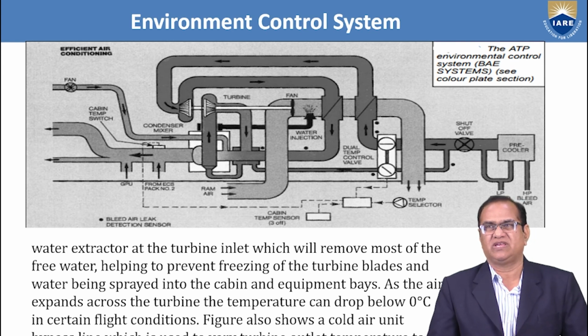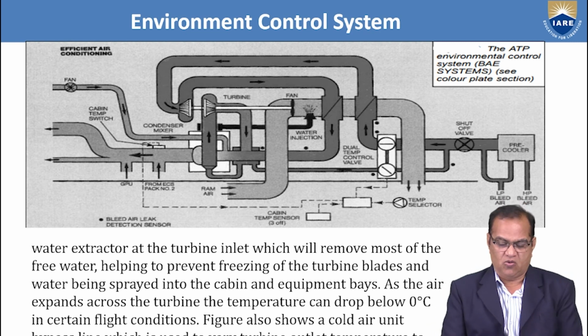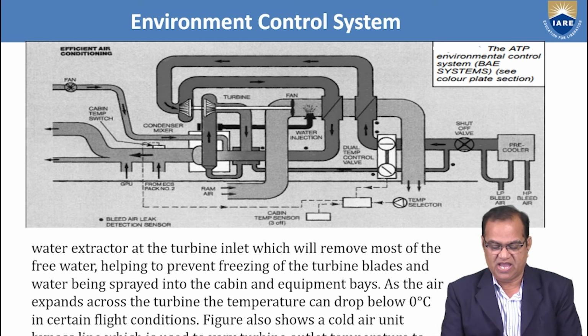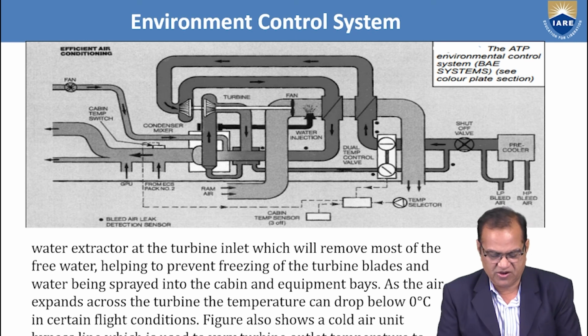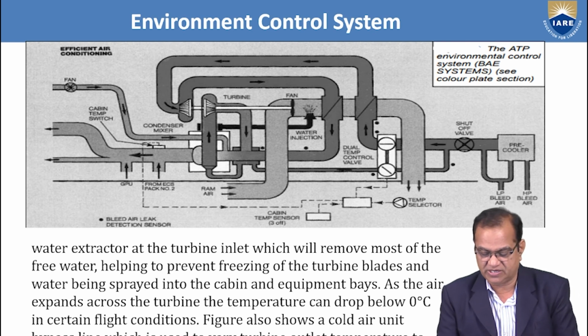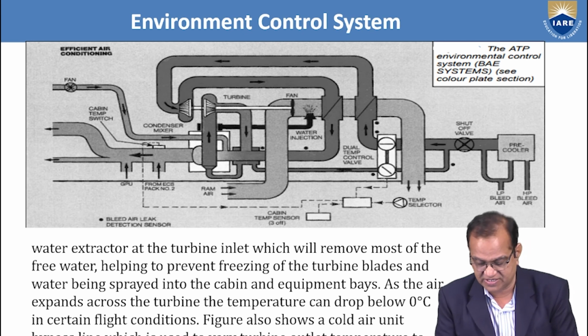That is also a very important thing. So here the water extractor at the turbine inlet will remove most of the free water, helping to prevent freezing of the turbine blades and water being sprayed into the cabin and equipment bay. As the air expands across the turbine, the temperature can drop below 0 degrees centigrade in certain flight conditions.